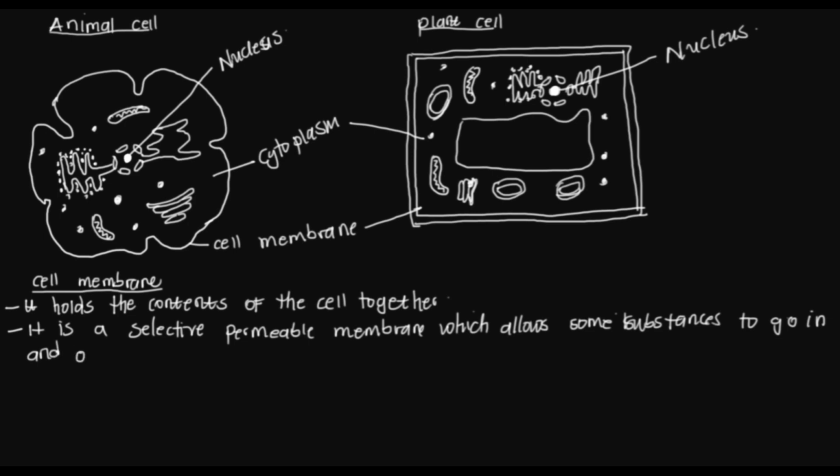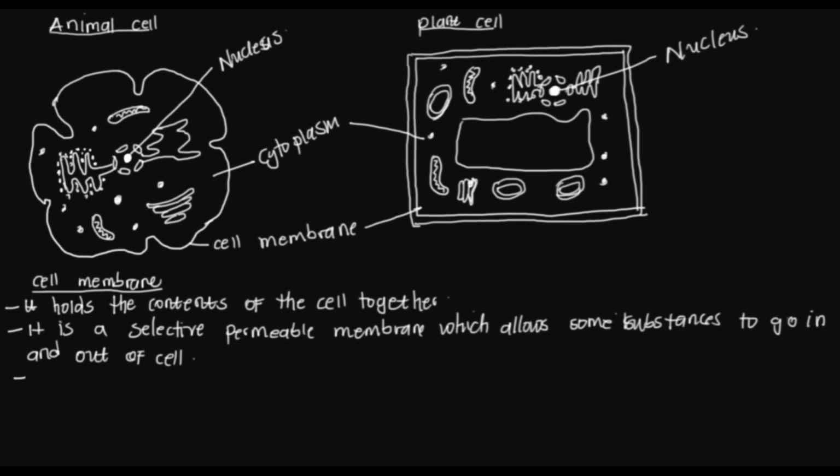So it's not every substance that should go in the cell, and also it is not every substance that should leave the cell. So this part acts like a security, where it allows some to go in and also it allows some to go out.